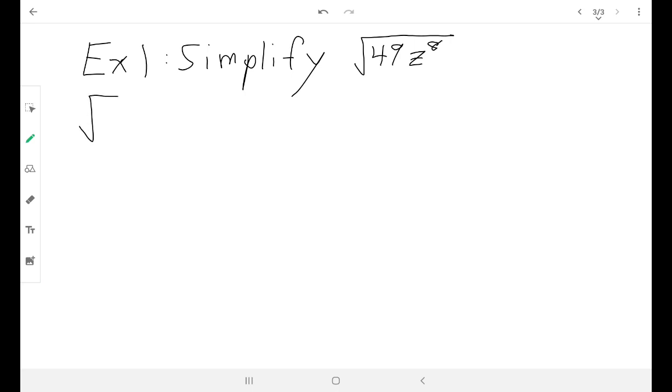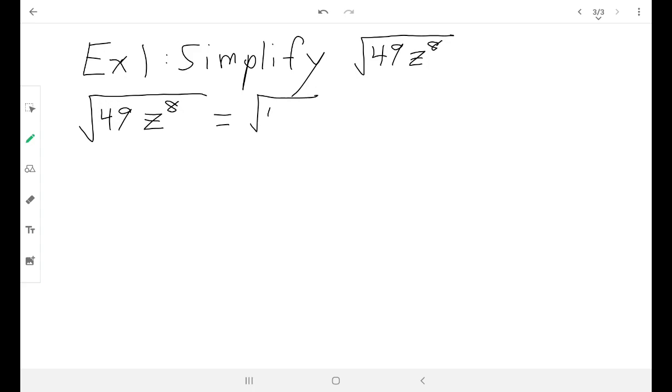So when I take two things multiplied together, and this says 49 times z to the 8th, remember that's how you read that, you can break it apart into a bunch of multiplication of square roots, okay?